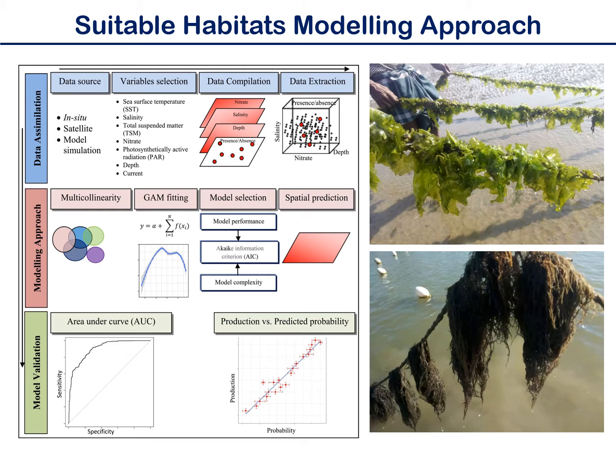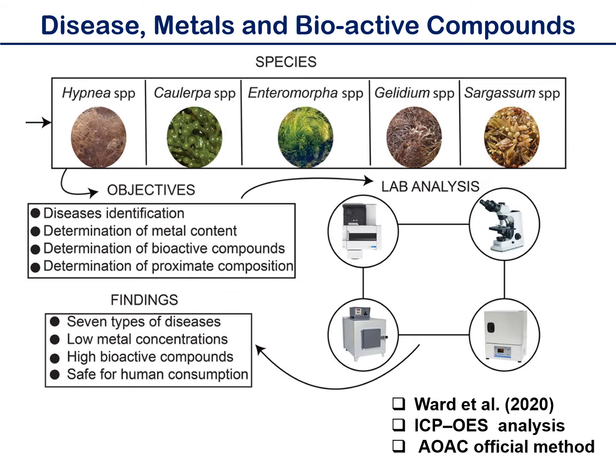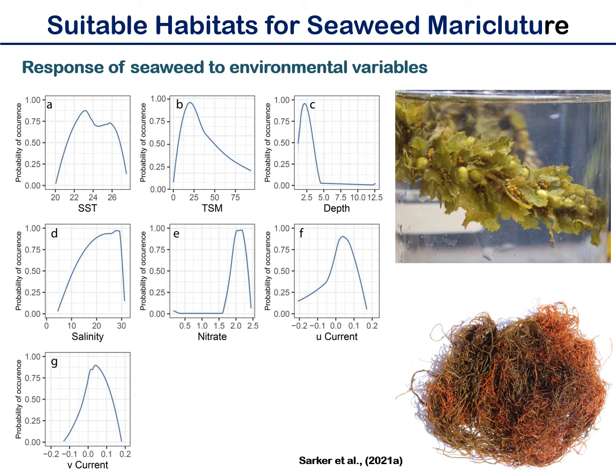We compared the predicted probability of seaweed from the model with seaweed production data from different farms to validate the model. Then we considered 5 commercially important species for disease, metal, and bioactive compounds monitoring, and the methods are described here.